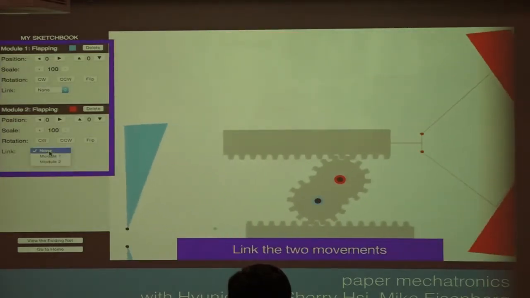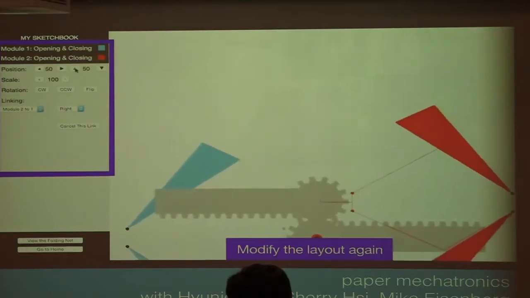Start to combine these little pieces. So design is often about combining and modifying.